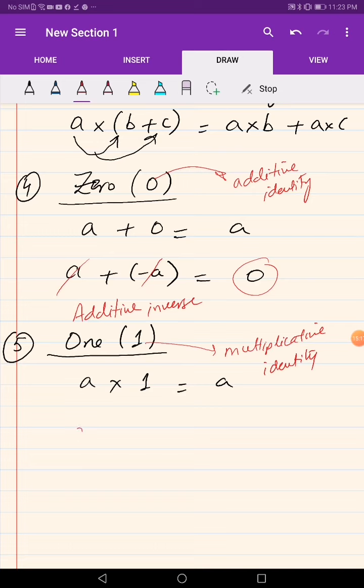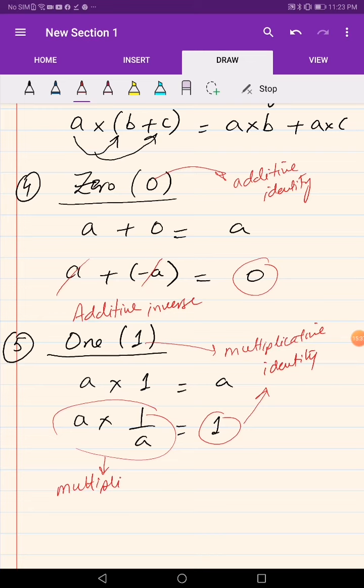And when a is multiplied with the reciprocal of that number, and they cancel each other, and you get the answer 1, which is the multiplicative identity, then these two numbers are called multiplicative inverses of each other.